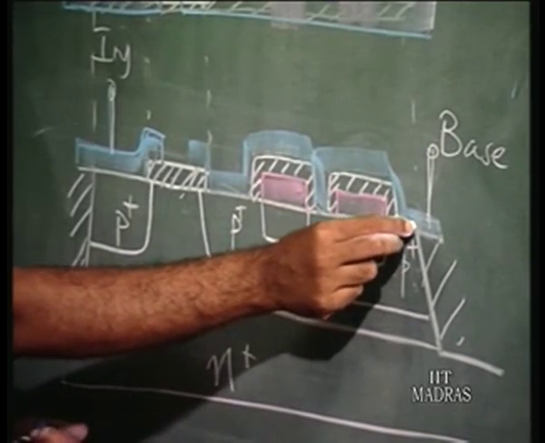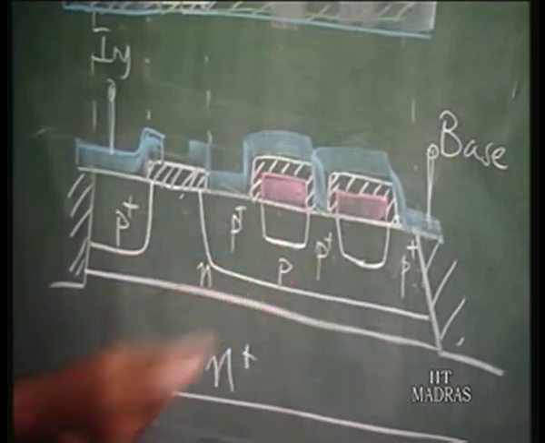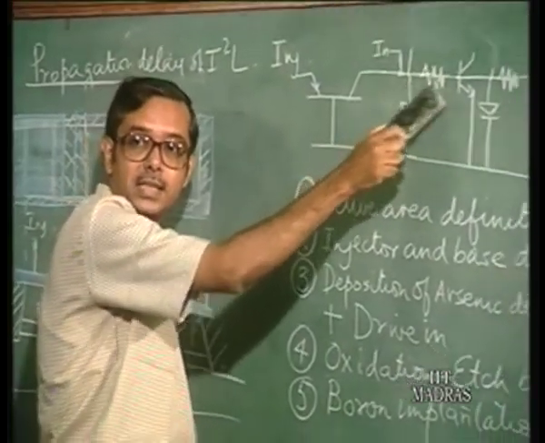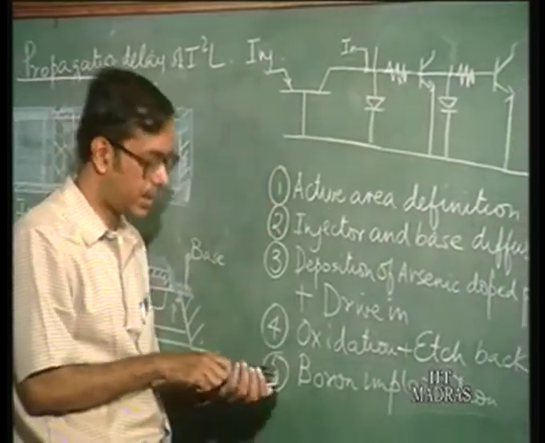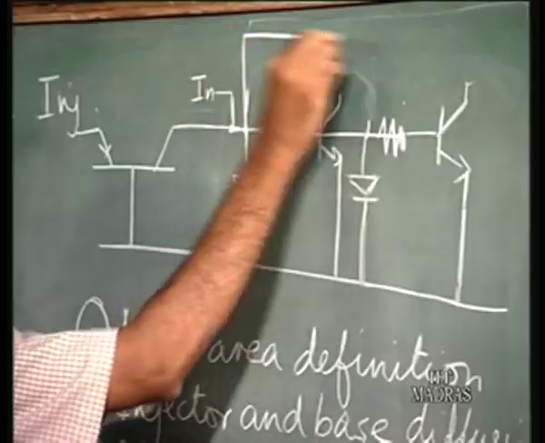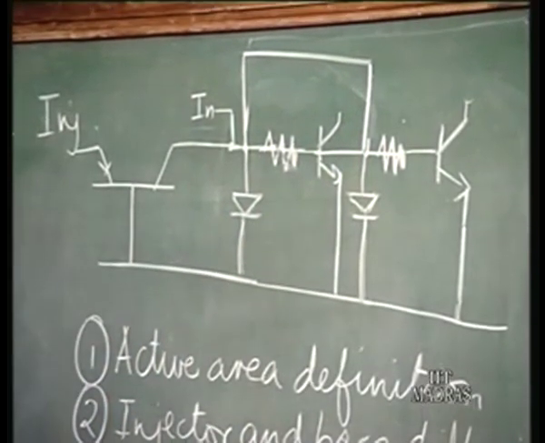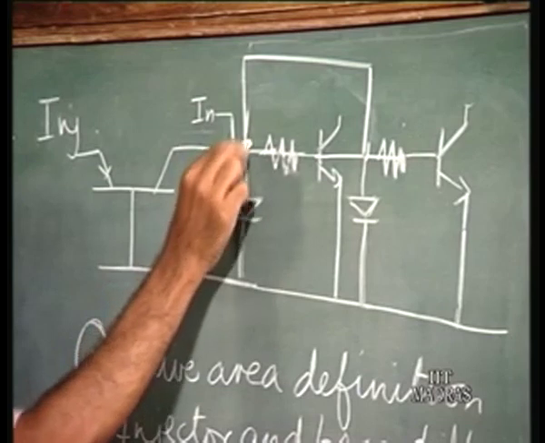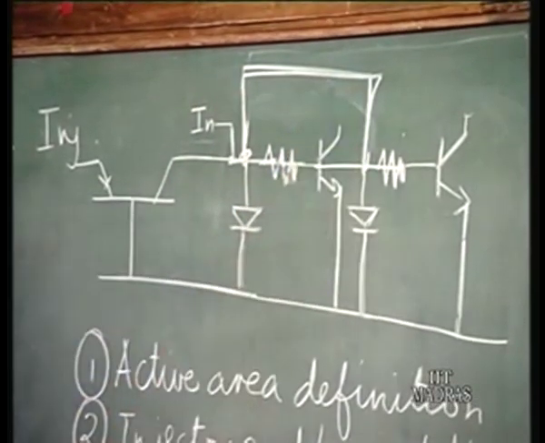Okay. And you have intermediate P plus region. So all these regions, these resistances are basically shorted out because you have a contact here, in the equivalent circuit. This has been shorted.